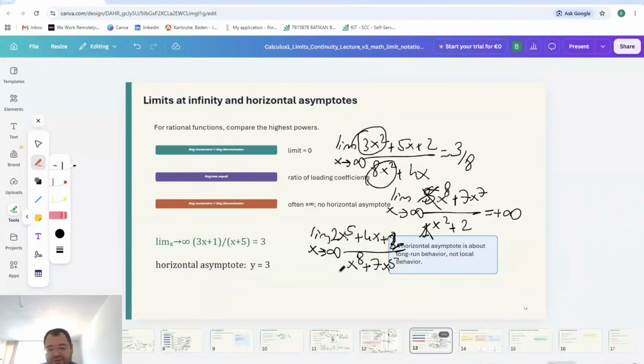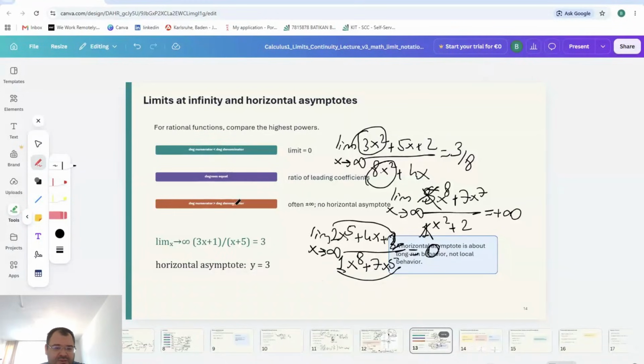This time the denominator is growing quicker compared to the numerator, because we have x to the 8 here and x to the 5 here as the greatest exponential. So the coefficients of those two terms are not important. We cannot use those coefficients, and we can just say this is going to 0 because the denominator is growing quicker.